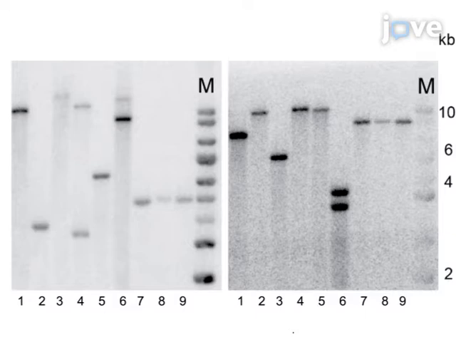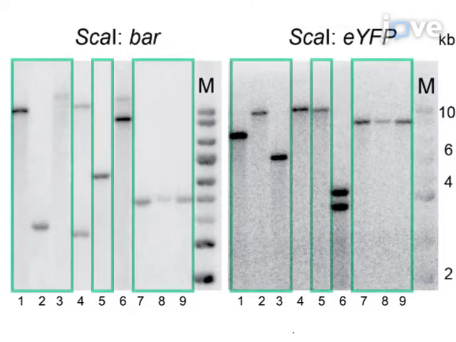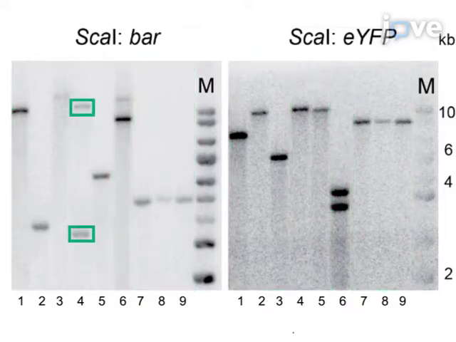One blot containing genomic DNA of 9 transgenics digested with SCA1 was hybridized with probes for BAR and EYFP. Several lanes indicate transgenics with single tDNA integrations. Lane 4 displays 2 fragments with BAR and 1 with EYFP, indicating either a truncation of the EYFP sequence or an inverted repeat around the right border.